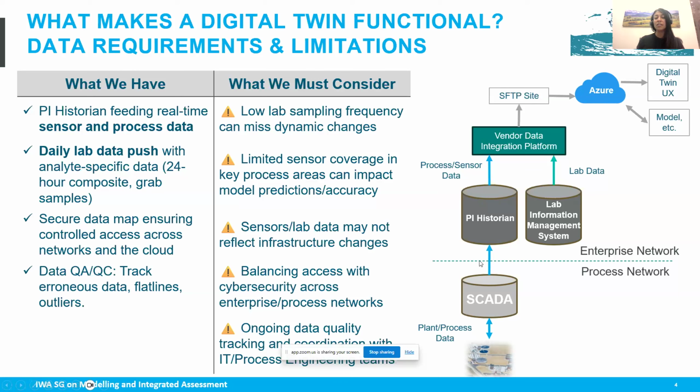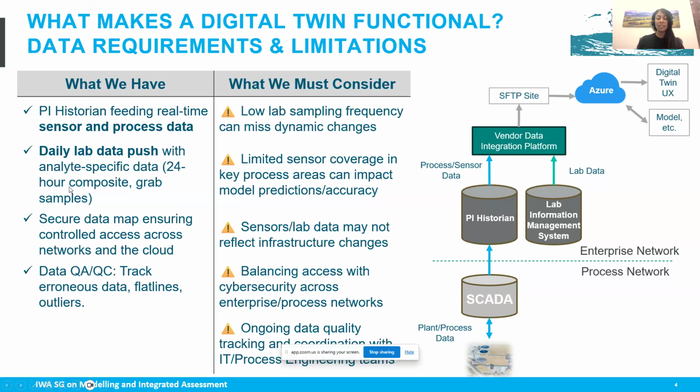You can see here in this data map, we have a PI Historian. Most of our data from SCADA is fed into a PI Historian, and then we also have the lab management system, which we use to feed data into the vendor integration platform, and then that data is pushed to the cloud and used in the model and the digital twin interface.